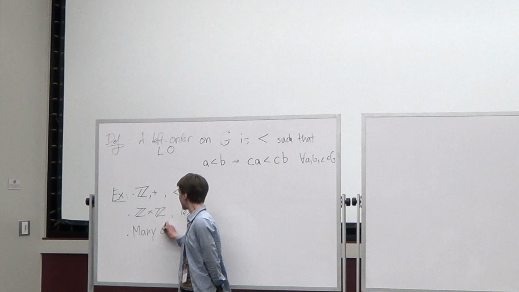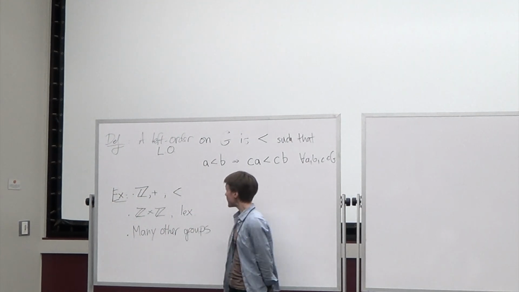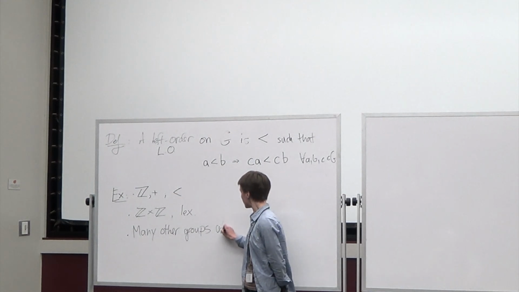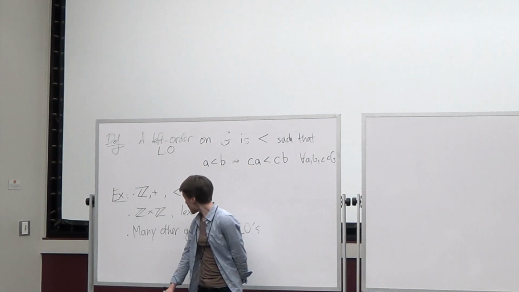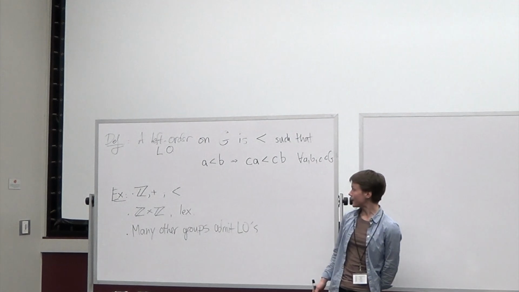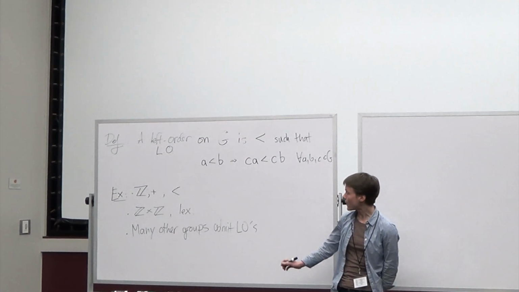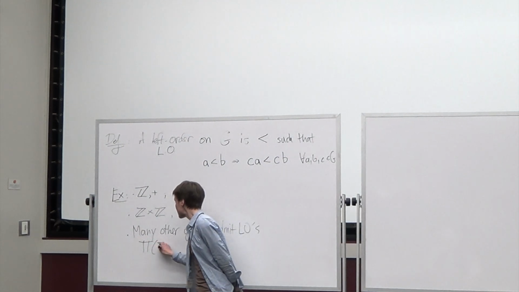Many other groups admit left orders. Often some constructions come to us from groups motivated by what you see in geometric topology or elsewhere. So I know fundamental groups of surfaces.